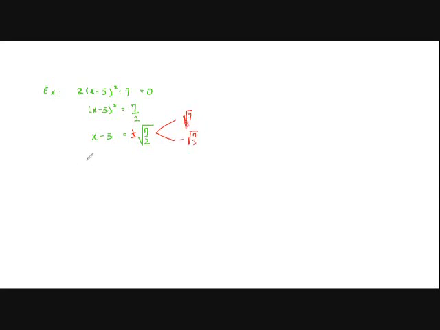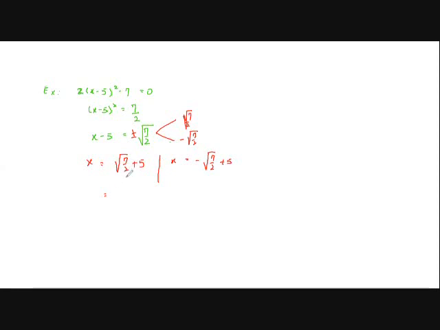From this step, x equals root of 7 over 2 plus 5 in one equation, and x equals minus root of 7 over 2 plus 5 in the other. Then you simplify to get x.